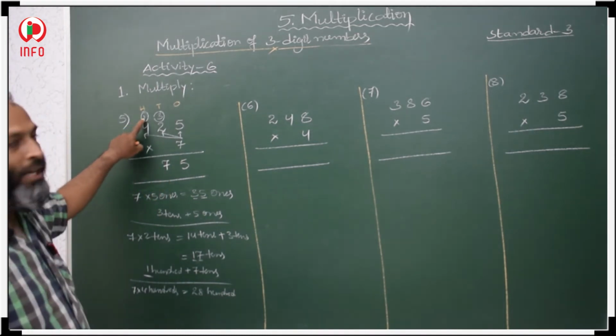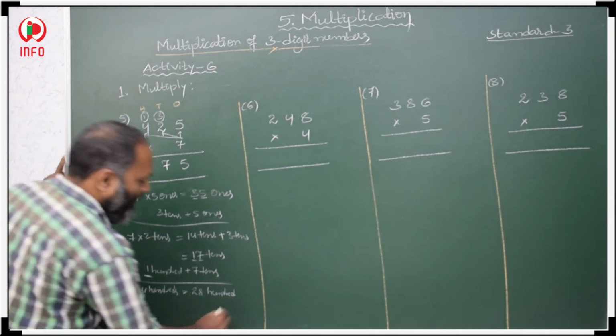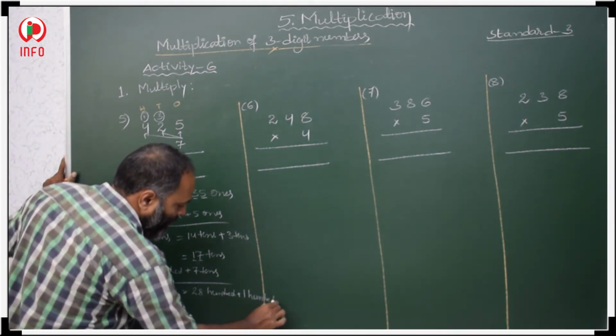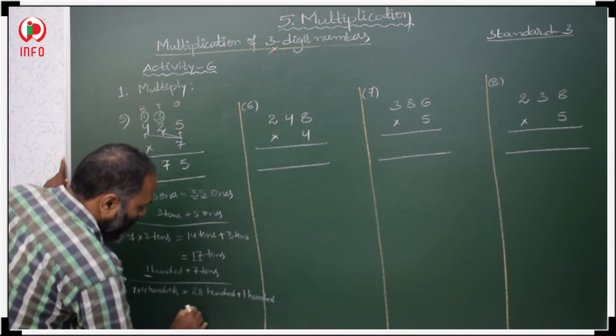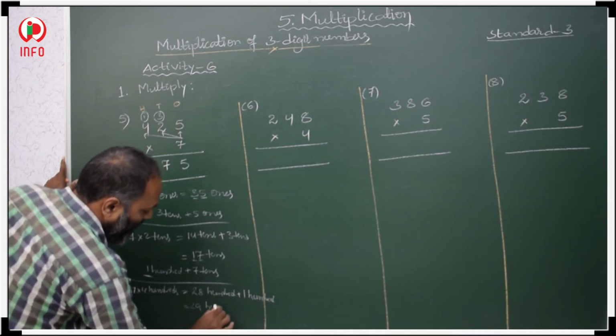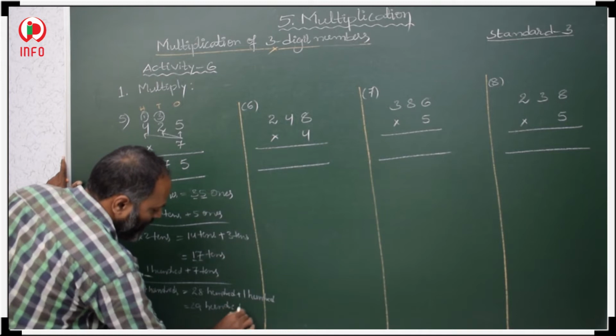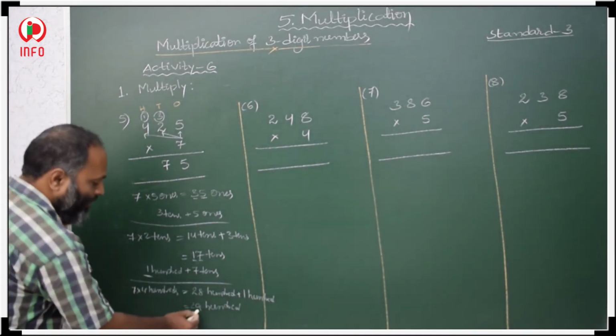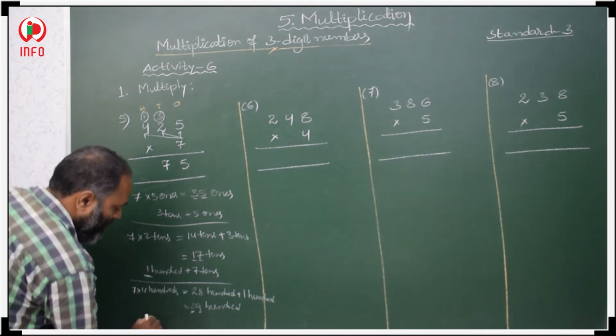What is carry over here? Plus 1, 28 plus 1, 2900. 2900 means 900 and 2000.